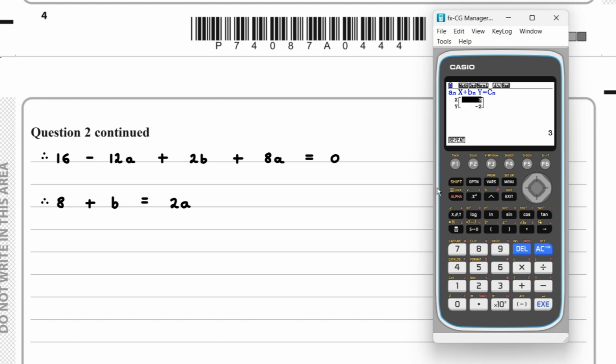If we solve this, you will find a equals 3 and b equals -2.